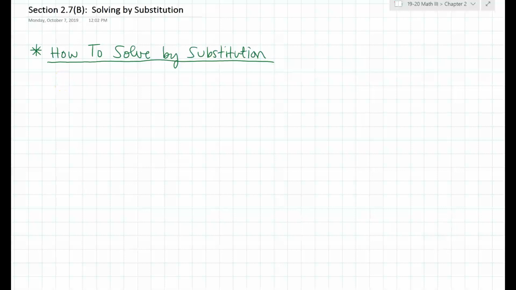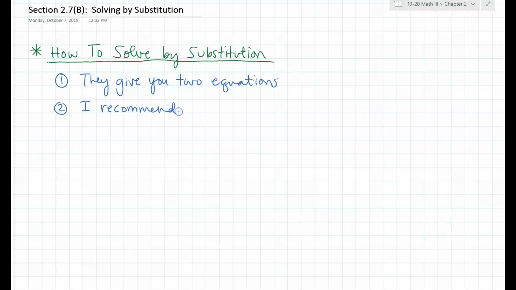So step 1 is pretty easy. This is one where they give you two equations. If you guys remember in geometry, this is called your given. This is what's automatically provided for you. So they're going to give you two equations. Now, I recommend, so you don't have to do this, but a lot of times this is probably the best way to do it.